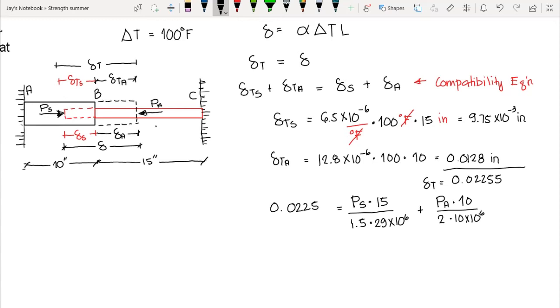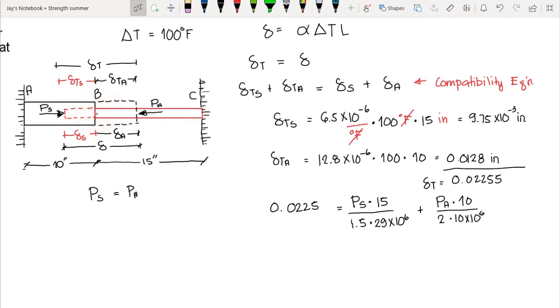Now take note, since at this point B we have our forces in equilibrium, therefore we could say that our PS is equal to PA. The summation of all our forces at point B should be equal to 0.